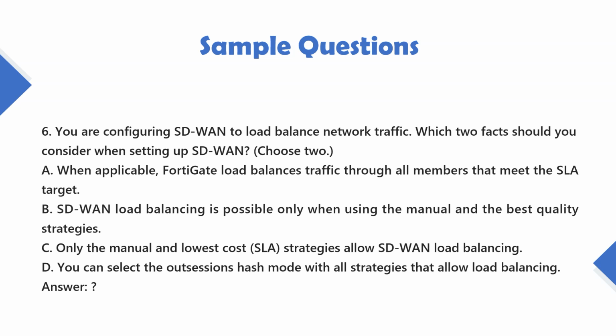B. SD-WAN load balancing is possible only when using the manual and the best quality strategies. C. Only the manual and lowest cost, SLA, strategies allow SD-WAN load balancing. D. You can select the outbound sessions hash mode with all strategies that allow load balancing.